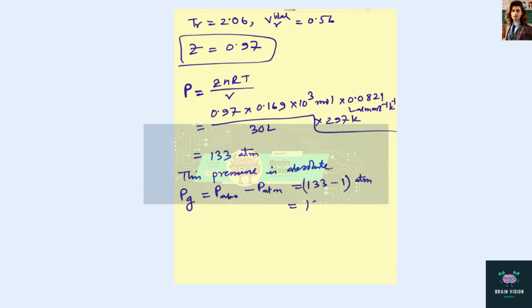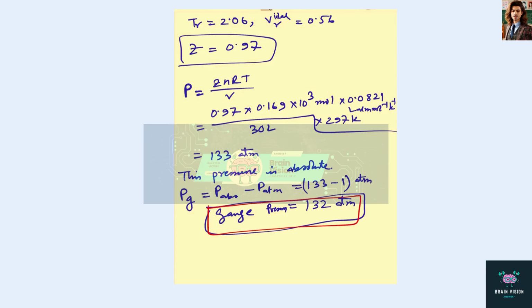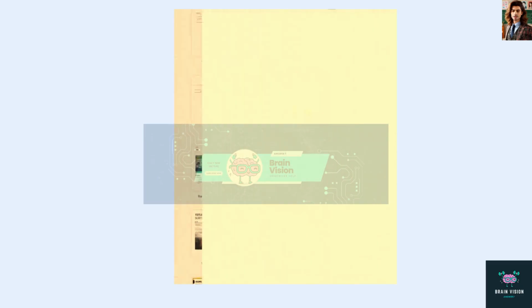Therefore the gauge pressure of the cylinder gas after the tank is filled is 132 atm. Next we need to calculate the temperature before the rupture.